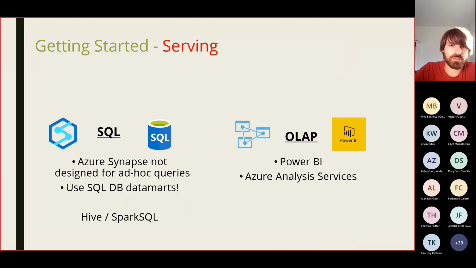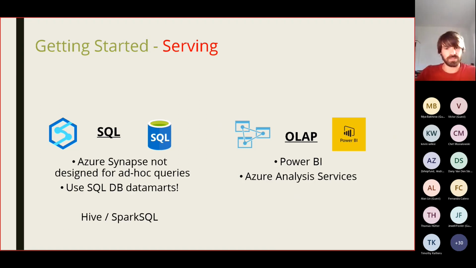The second part for the serving, especially with regards to reporting, is the SQL and the OLAP layers. What's important here, I would say, is that Spark per se is, from my point of view, not really designed as a direct data source for reporting, simply because there's always some overhead associated when you execute a query against a Spark cluster, because it's a distributed system.